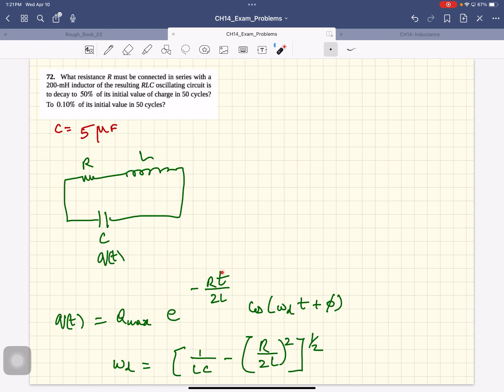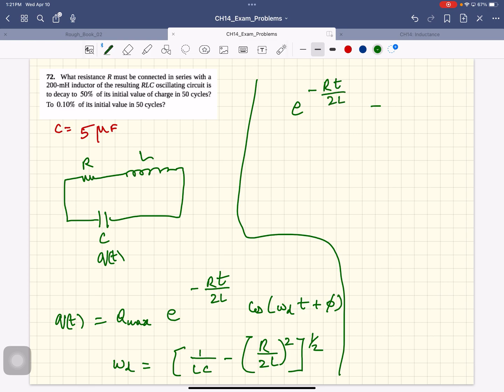So this guy needs to drop to half in 50 cycles. So what you want is e to the minus Rt over 2L to be 0.5. What is t? t is 50 periods.